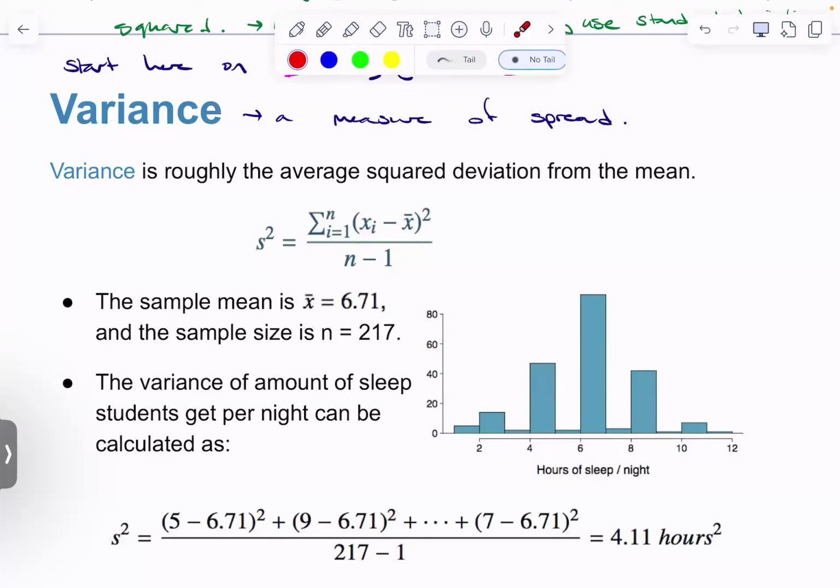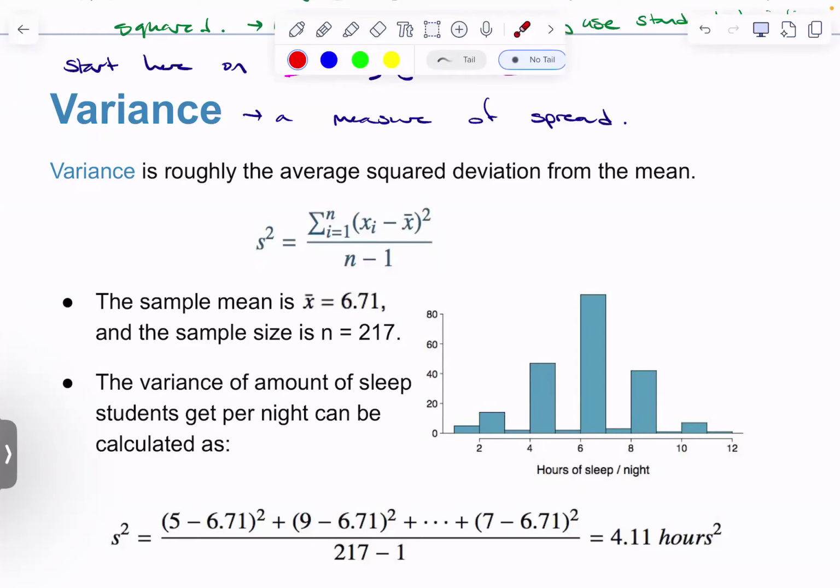If you square a negative, negative 2 squared is 4, and 2 squared is 4. Then we add all these squared deviations up, then divide by n minus 1.